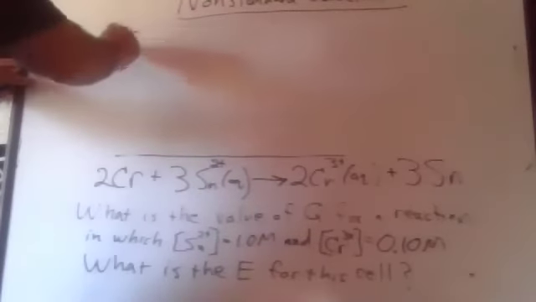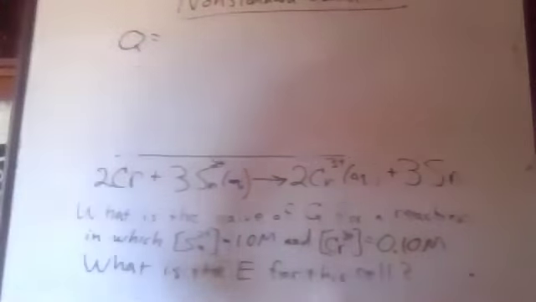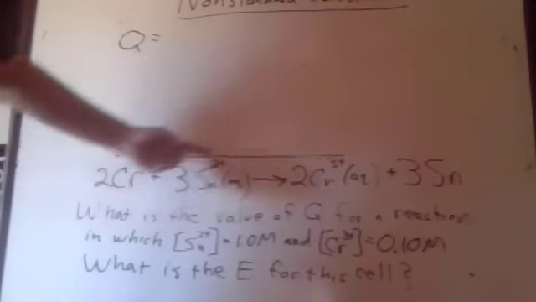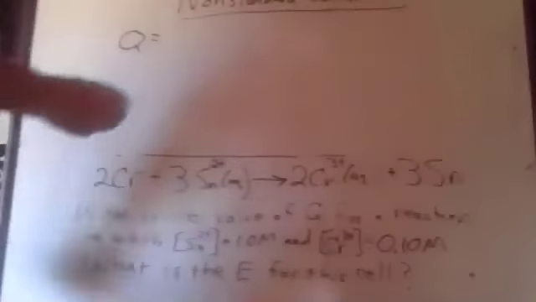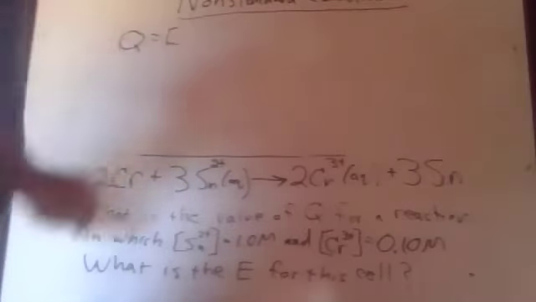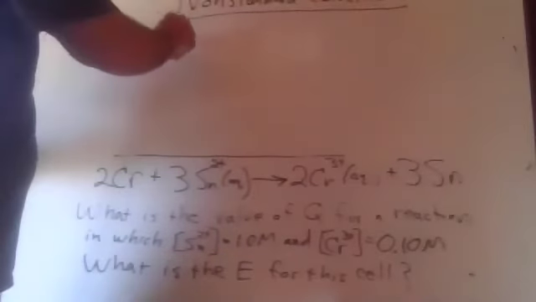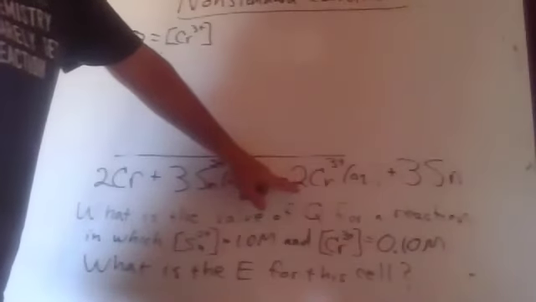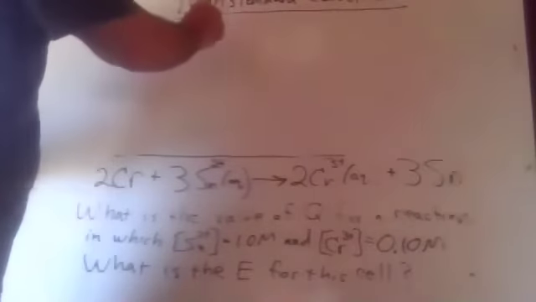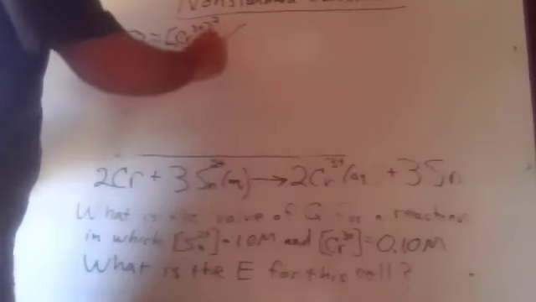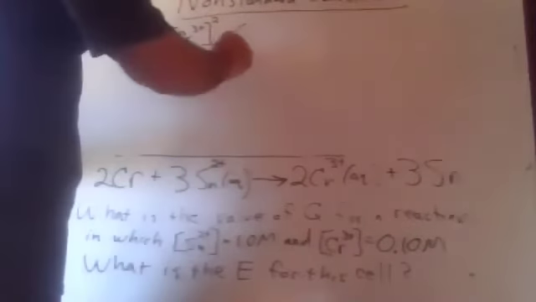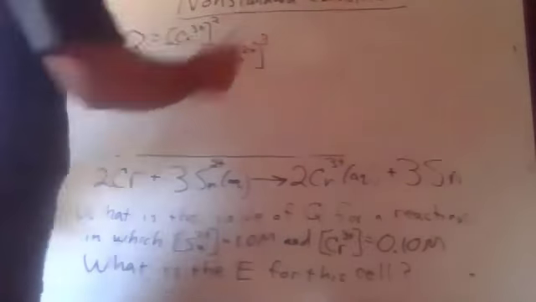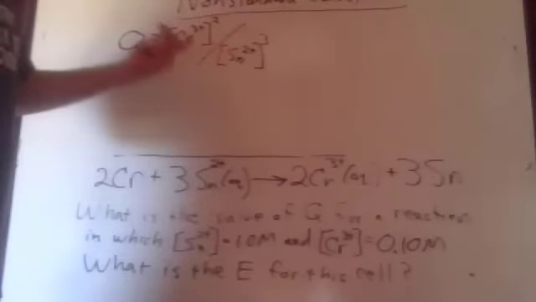Okay, so the Q, remember, you don't need the solids in there. It's just the aqueous solutions. The chromium on this side is a solid, and the tin over there is a solid. Those aren't going to appear, which means the Q is going to be the concentration of that product, chromium, to that power, because the coefficient is 2 here for the chromium, so it's going to be squared, divided by the concentration of the tin 2+. So this is products over reactants.